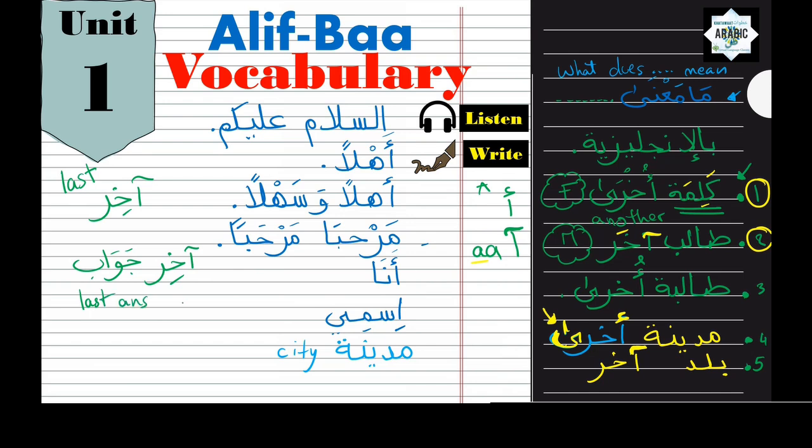But as soon as you place the fatha on top of the kha, آخر, it becomes another. Let's say you want to say another answer, where would you put answer in this sentence? Would you put it after another or before another in Arabic? Before. Great, great.